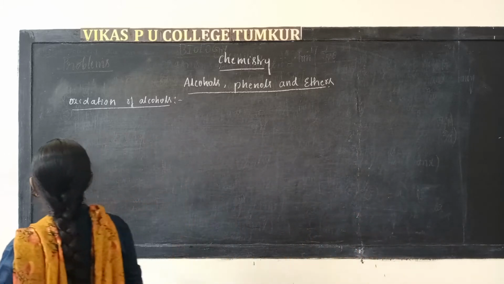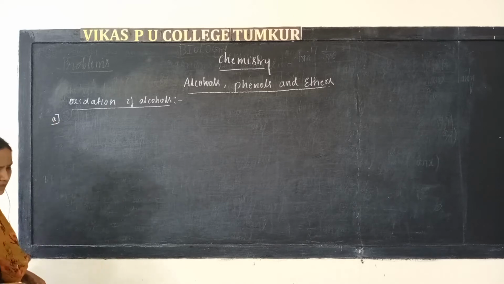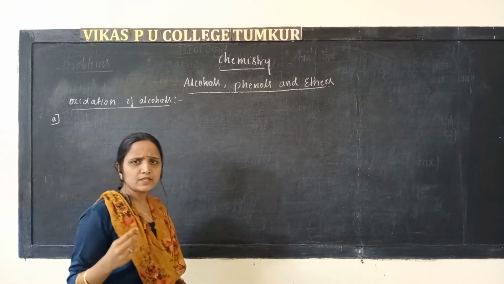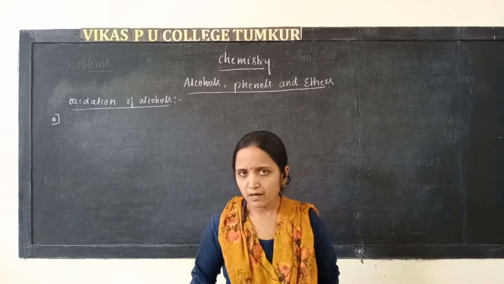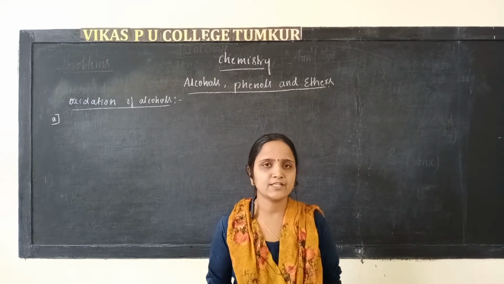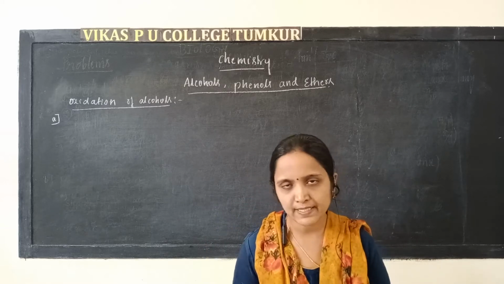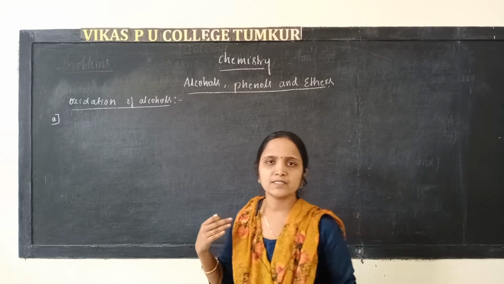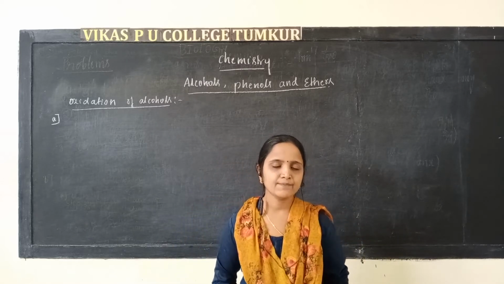The first thing is the primary alcohol. A primary alcohol is oxidized in the presence of an oxidizing agent, that is acidified potassium dichromate, K2Cr2O7, or otherwise acidified potassium permanganate.